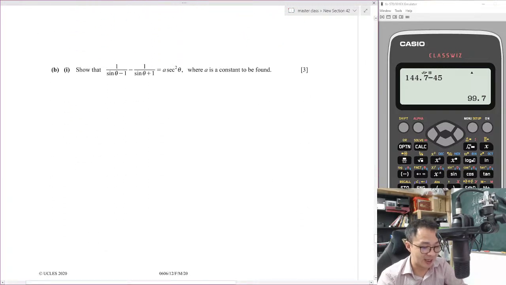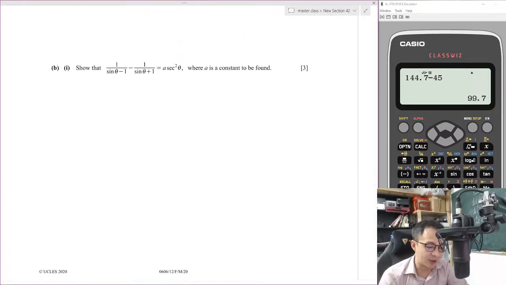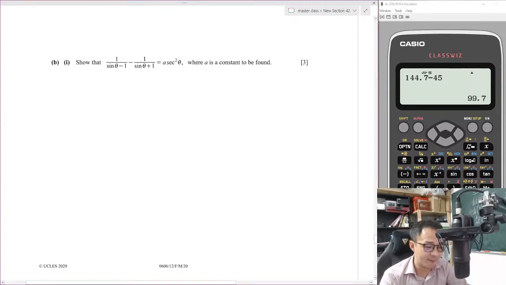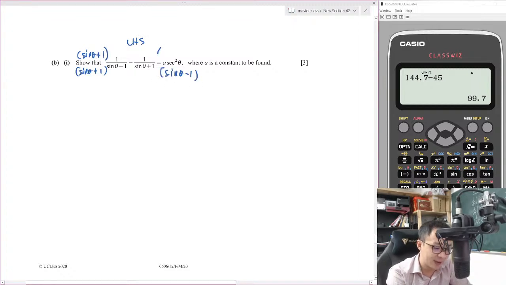So not that hard. Now show this one equals the other one. This one will be the identity. In order to do the identity, I will choose the side with more information, which is the left hand side. I make both fractions have the same denominator. Here I will multiply by sine theta plus 1, and on the other side I multiply by sine theta minus 1, because this is the only way I can join both fractions together.